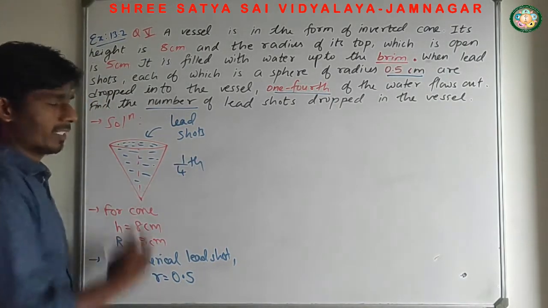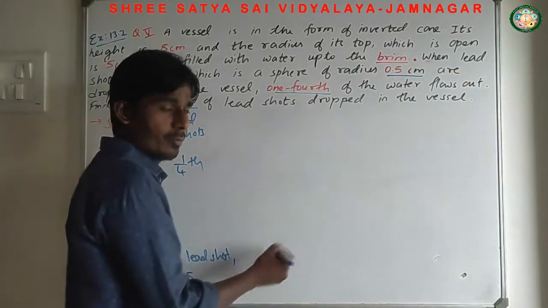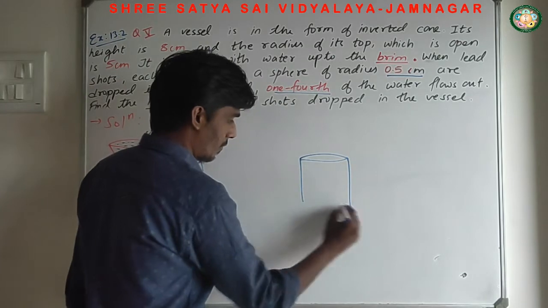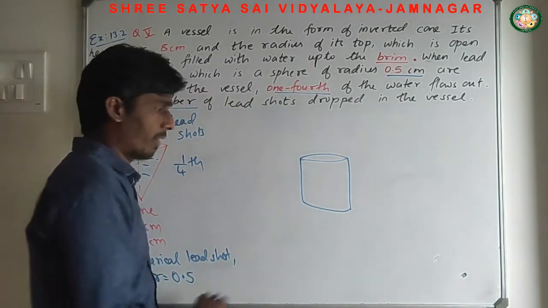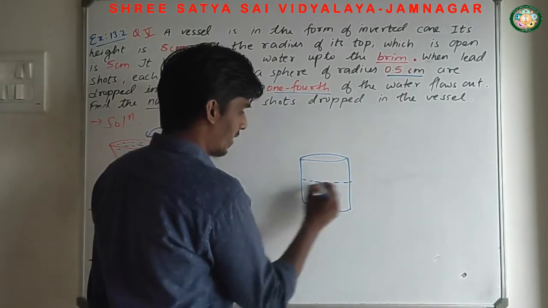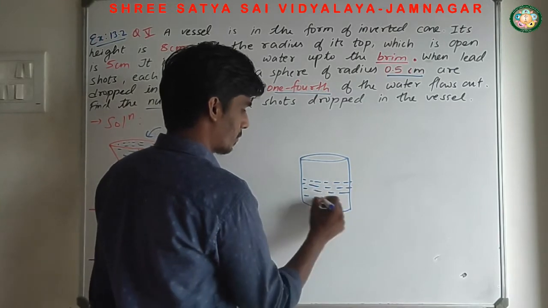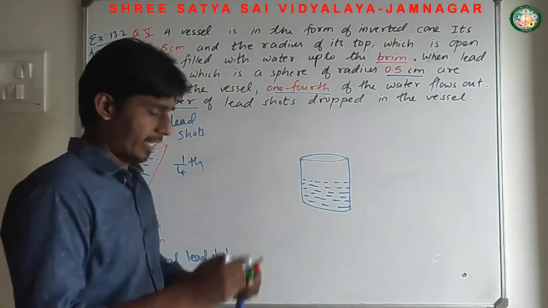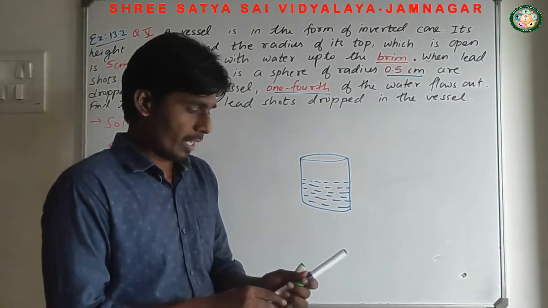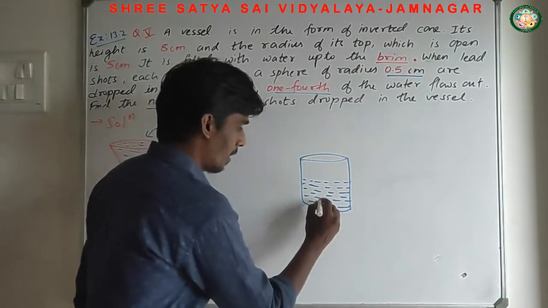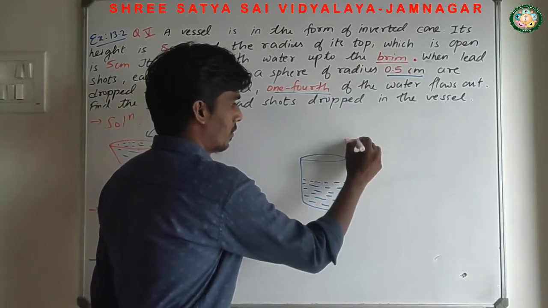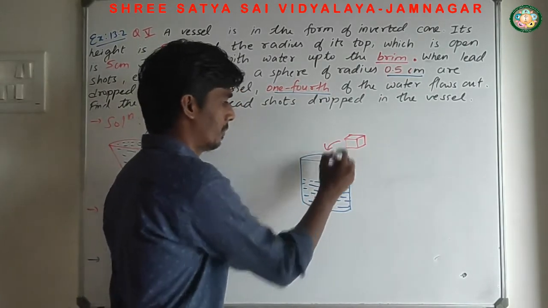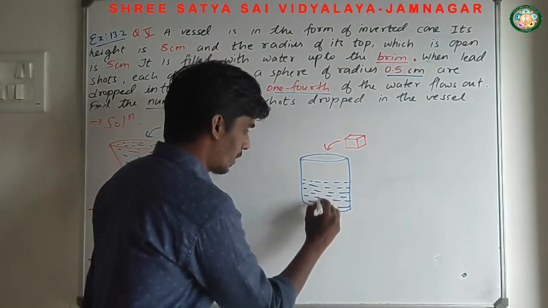Now to explain this thing, let's revise something from science 9th standard. Suppose this is a vessel, water is filled up to this. Okay, this much water is there. Now suppose I am going to add a cube, अगर मैं एक सॉलिड क्यूब को अंदर डालता हूं, तो क्या होगा? अंदर चला जाएगा.